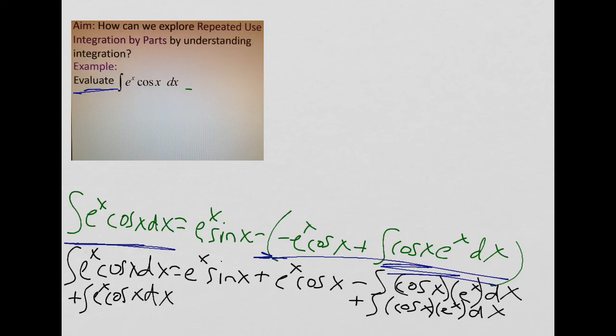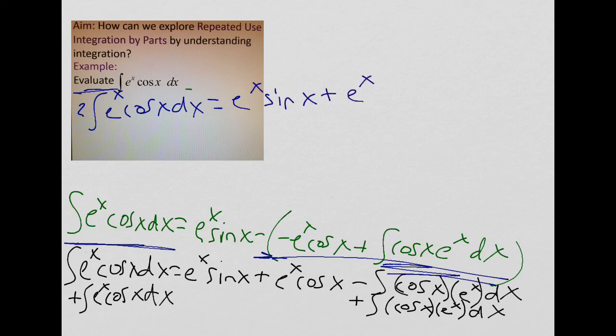So this would give me 2 of the same integral, and it'll equal e to the x sine of x plus e to the x cosine of x. Okay, and remember we added it over so that becomes 0. And so if I need to evaluate the original problem, I'm dividing by 2 on both sides.